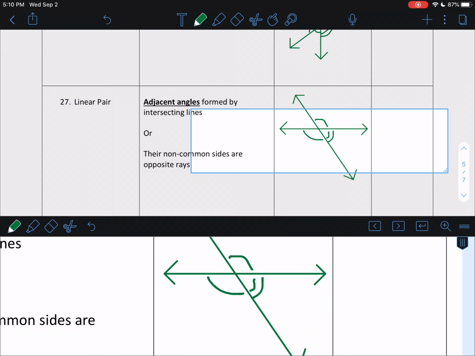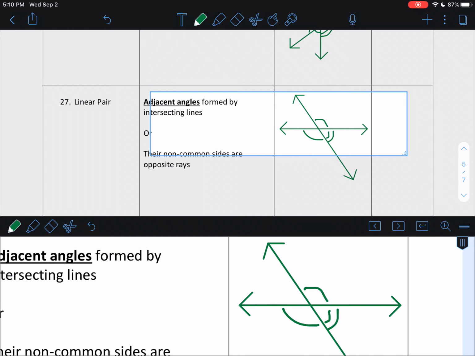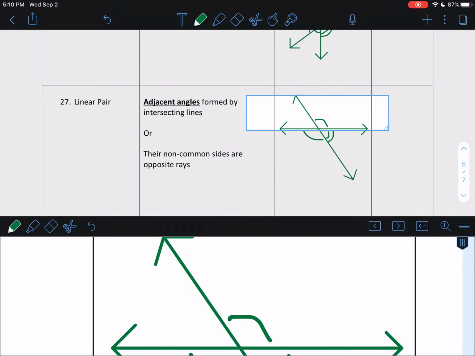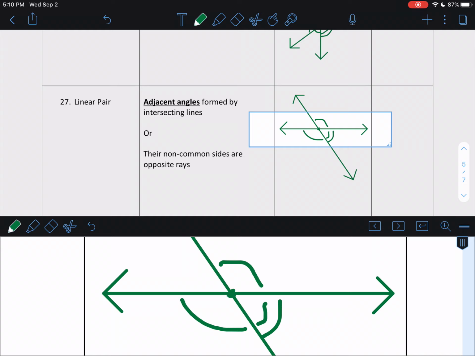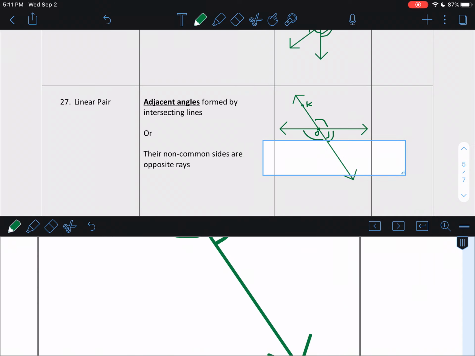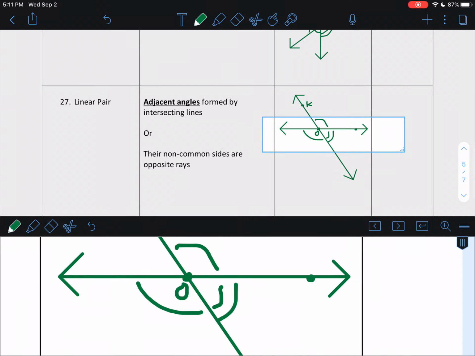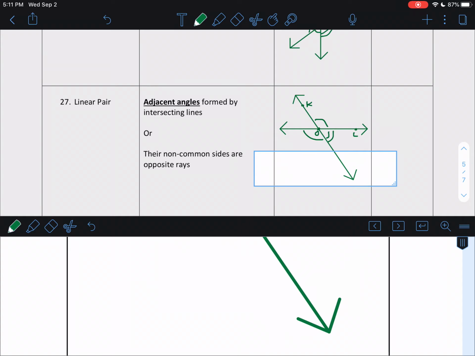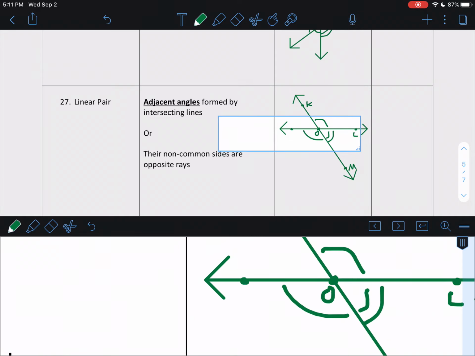Or, actually, you know what? I am going to label some points here. I'm going to call this middle O. And then I will call this K, and I will call this L, and I will call this M, and this one will be N.